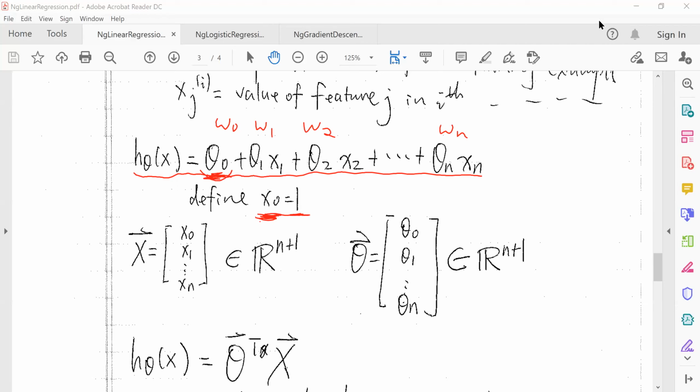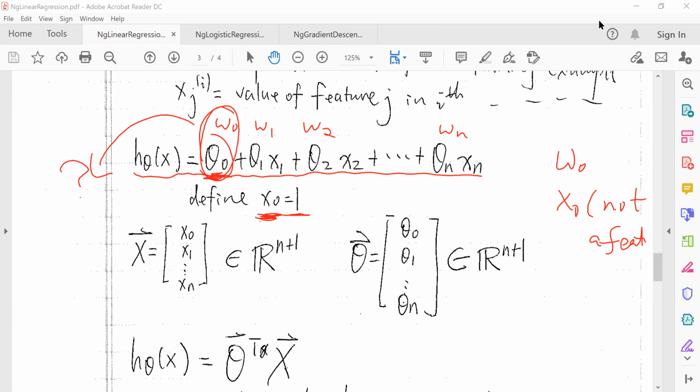Do you still remember what W0 is? We have another name for it. What do we call it? Who still remembers? Because x0 is not a feature. Features start at x1, so we always define x0 as 1.